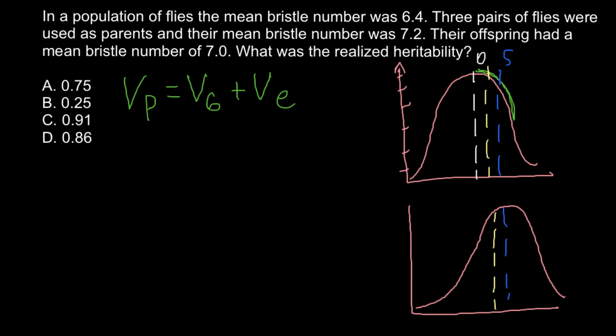And of course the selected parents probably would have better genetics than parents on this shoulder of our graphic, but their phenotype would also be the sum of the genetic variance and environmental variance. So genetic variance can be inherited and environment cannot be inherited.